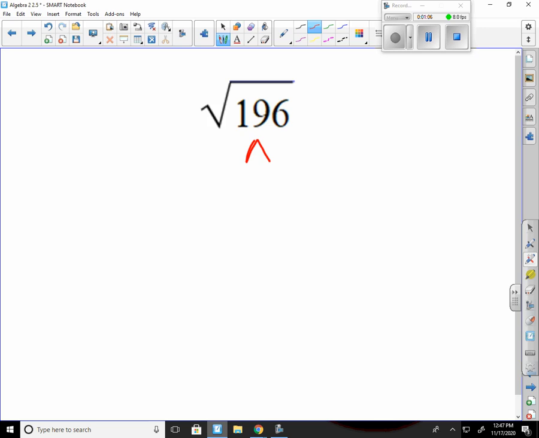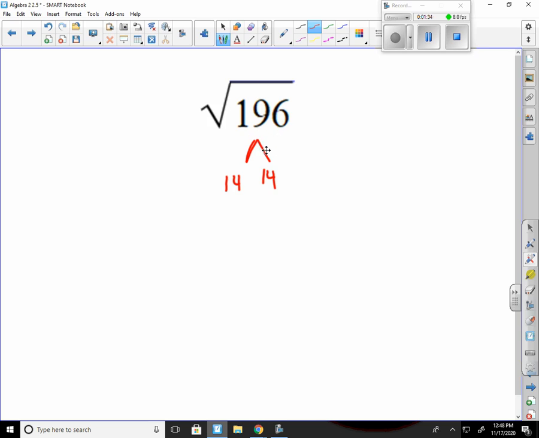Next one. If we're looking at the square root of 196, I need to find numbers that multiply to give me 196. There's actually a trick to this one, and it's the fact that it would be 14 and 14. 196 is a perfect square.